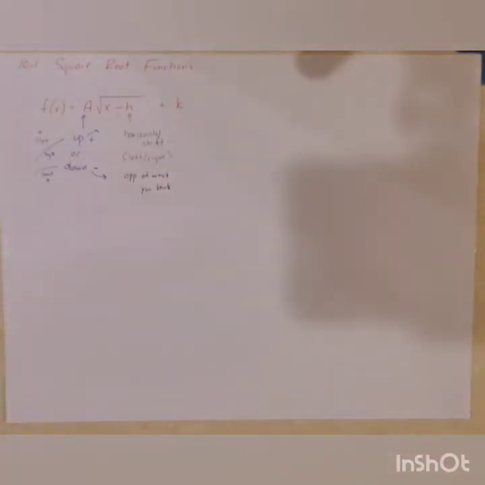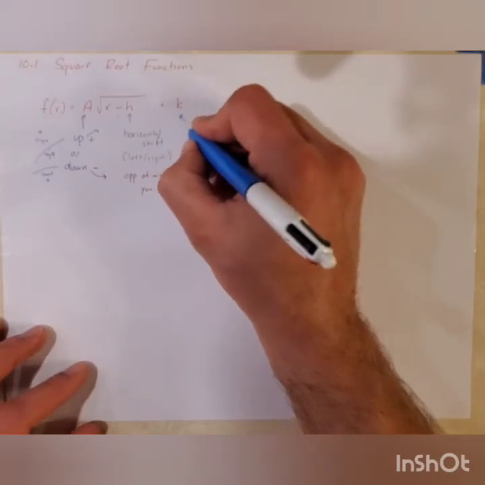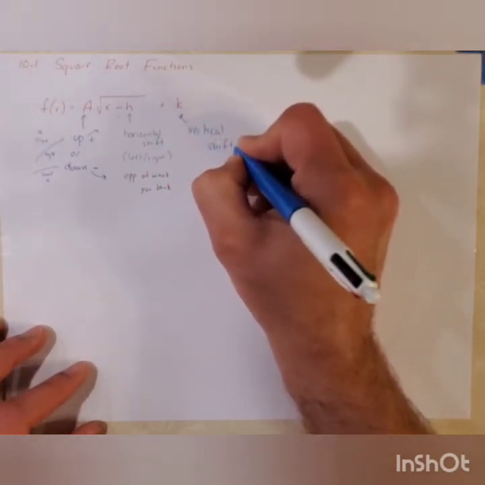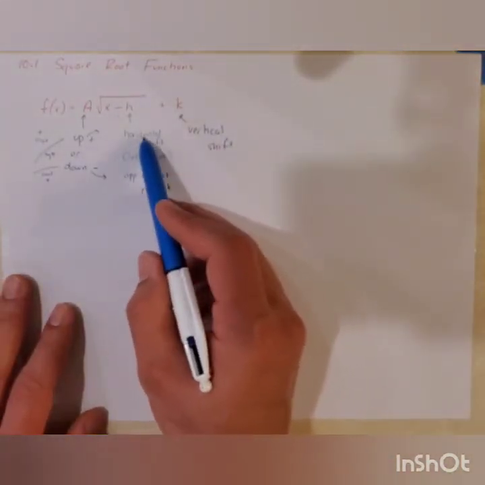Now, k is free. K is on the outside of this radical. Weird things happen in that radical. K, not so bad. For k, what we have is our vertical shift. To be honest, when I was your age, I did use that whole horizon trick to remember this stuff.